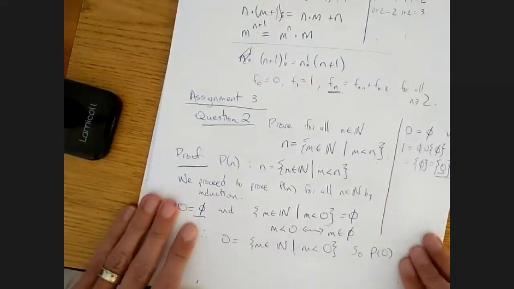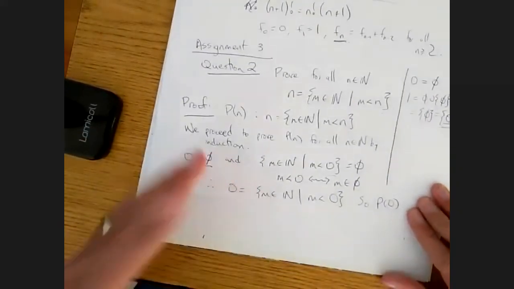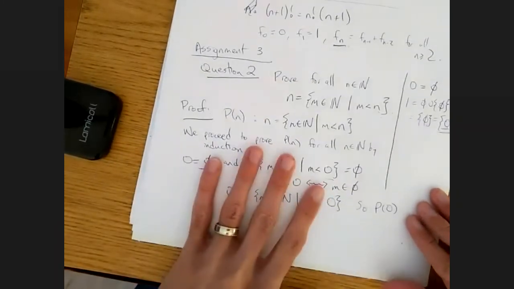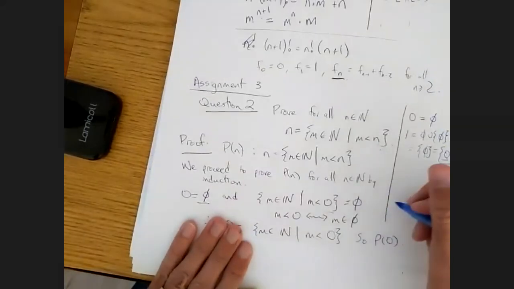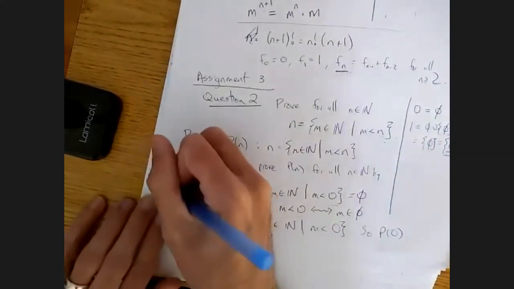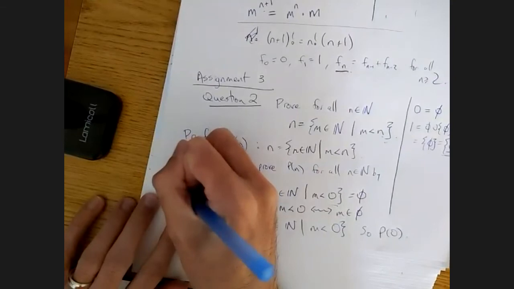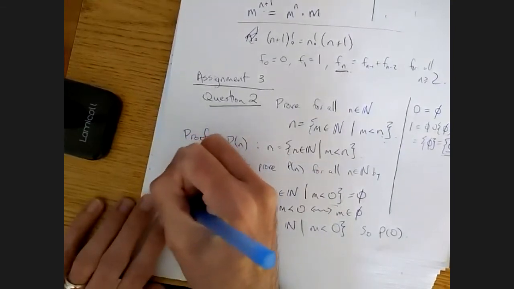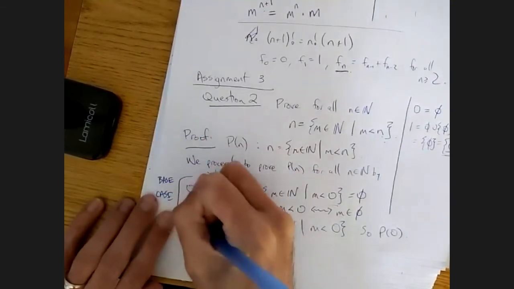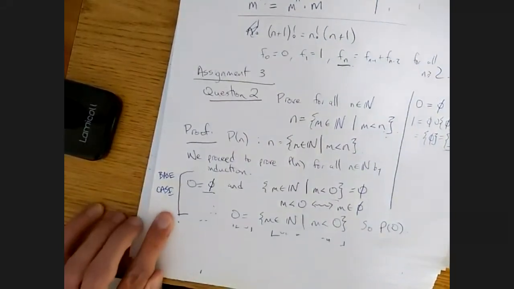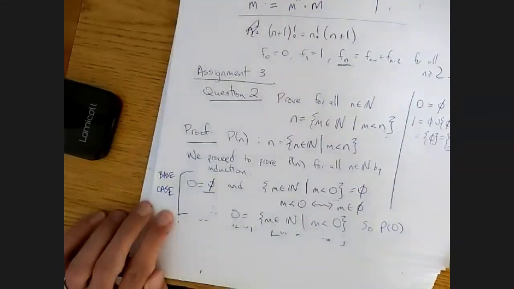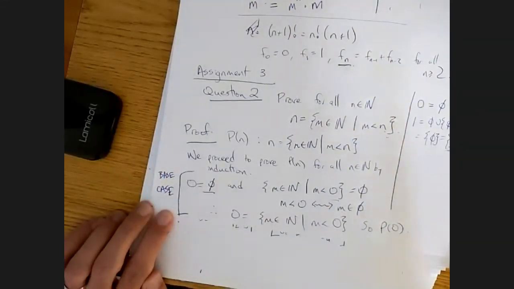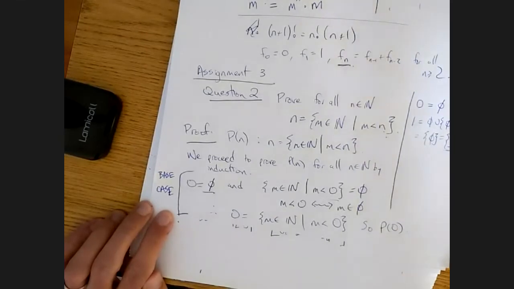Now we could keep going. So now we want to assume P of n and prove P of n plus 1. Maybe I should say that this is the base case, just so that we can organize our solution into base case, induction hypothesis, induction step, conclusion.